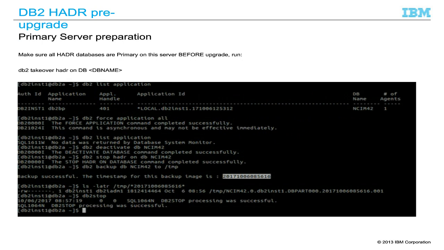So when we do the DB2 list application here, we can see that there's a local connection. I went ahead and ran the DB2 force application all. And that terminated the application, as you can see next, where I do the DB2 list application again and no data was returned. Then we go through the same process. We deactivate the database, we stop HADR on the primary, we make a backup of the database, make sure you have a good copy of it.